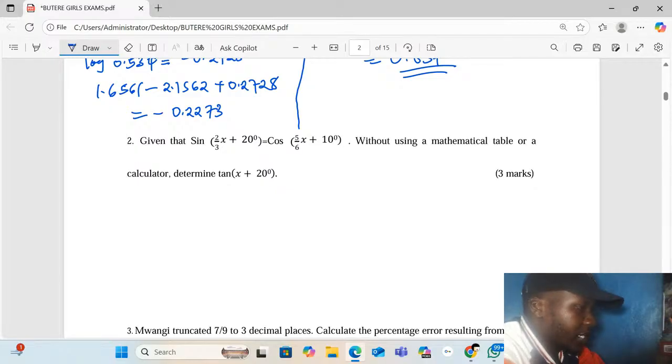We are going to find the value of x, so that we add 20 to x and then find tan of the answer.